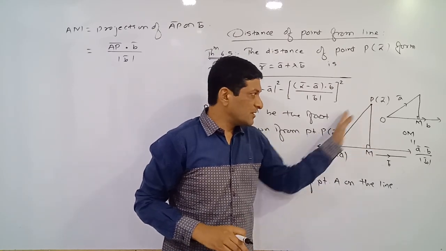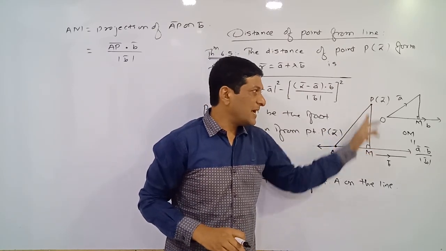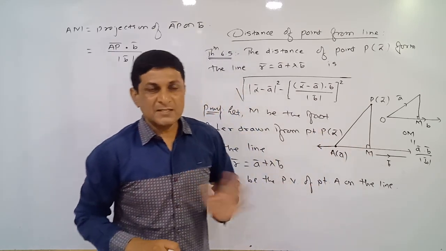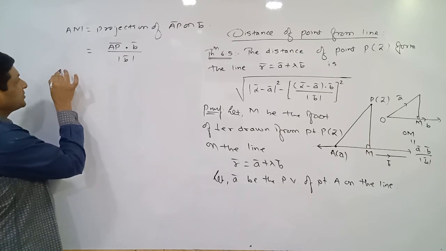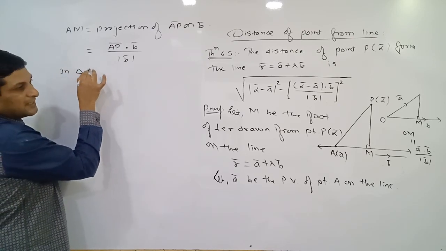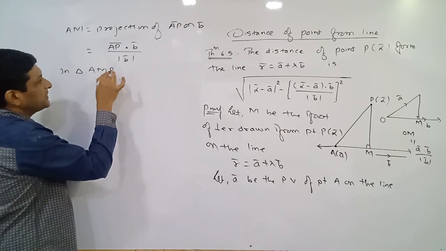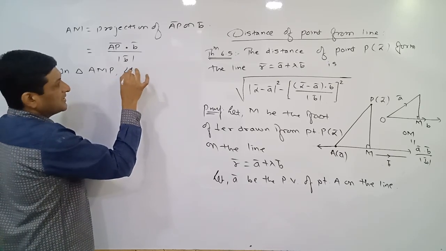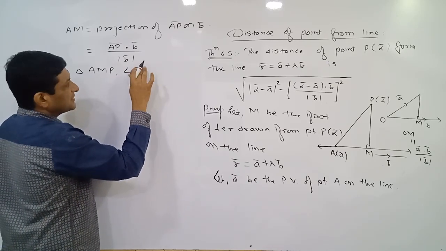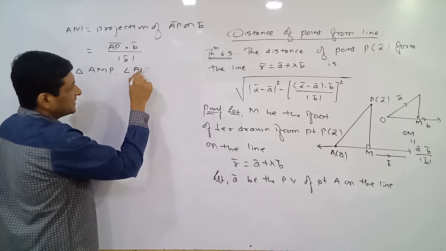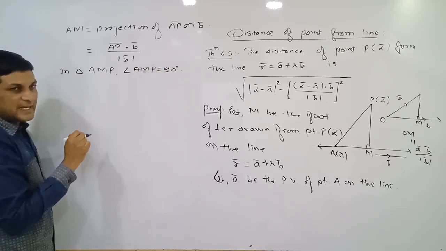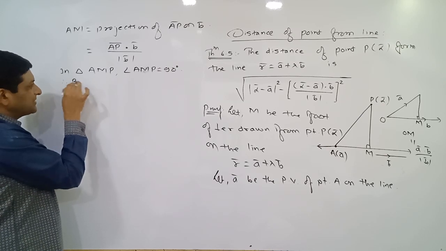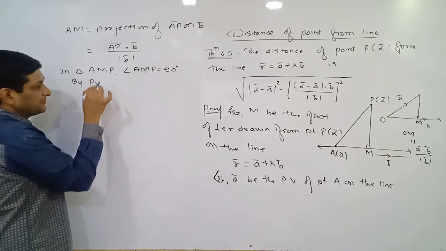Now if you observe this triangle AMP, is it a right angle triangle? Since it is a right angle triangle, we can apply the Pythagoras theorem. So in triangle AMP, angle AMP is equal to 90 degrees, which means the triangle is a right angle triangle. Therefore, by the Pythagoras theorem.